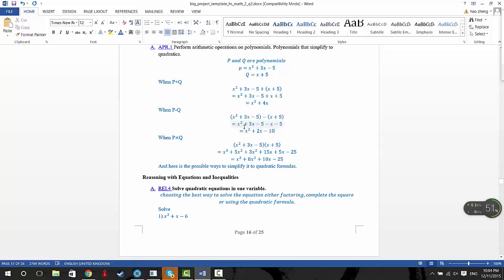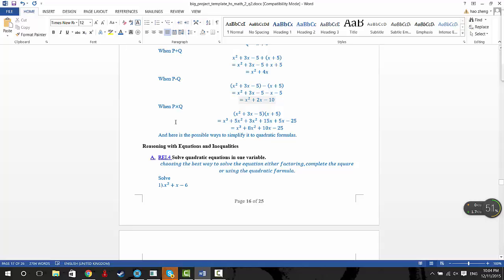So we'll get x squared plus 3x minus 5 minus x and minus 5. And the answer will be x to the power of 2 plus 2x minus 10, because the x squared has nothing similar, so you cannot change it. And the 3x minus the x, you get 2x, and negative 5 minus 5, you'll get negative 10.